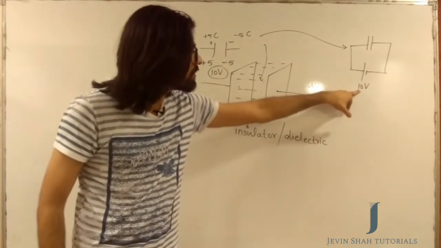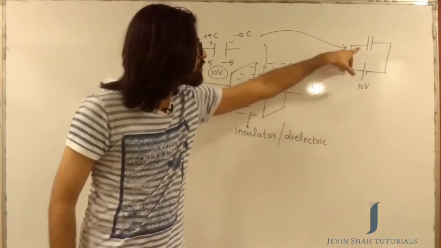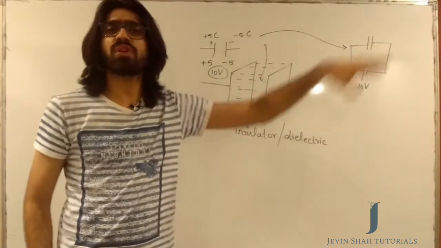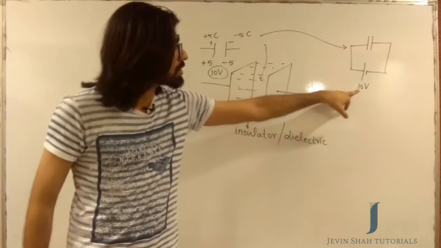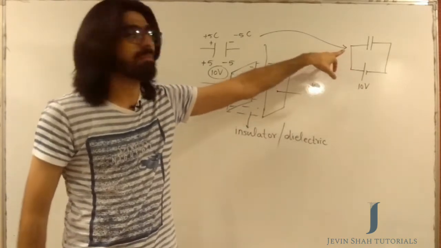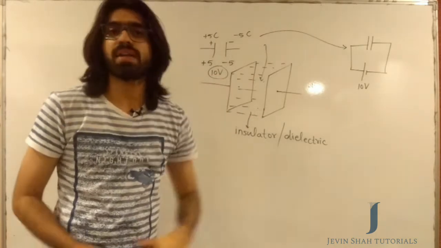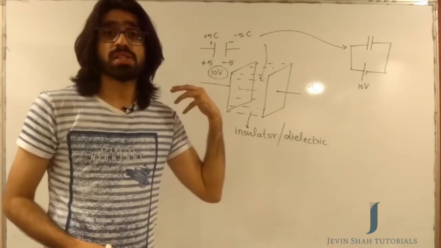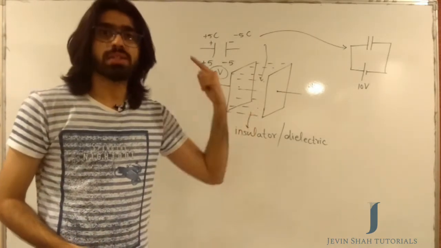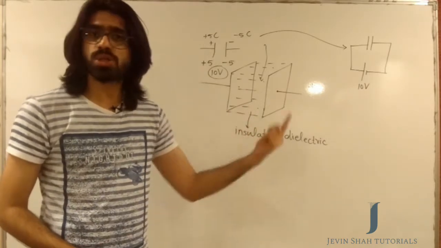If the potential difference here is 10 volt, then the left one would be plus 5 and the right one would be minus 5. If this was 30 volt, the left one would be plus 15 and the right one would be minus 15. If the potential difference is higher, then the charge developed on the plates will also be higher.